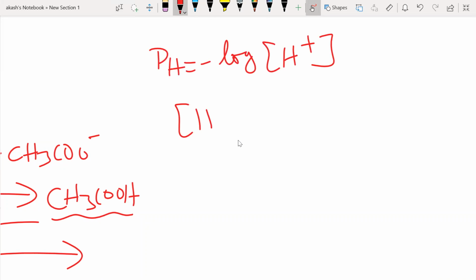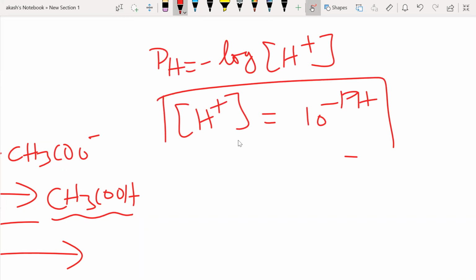But if I ask you what is the H plus concentration, if they give you the pH value, the direct formula is H plus concentration is 10 to the power of minus pH, right? This you use. And the other formula which will be helpful is molarity equals number of moles by volume, because you're going to do the stoichiometry in terms of number of moles. Remember that.